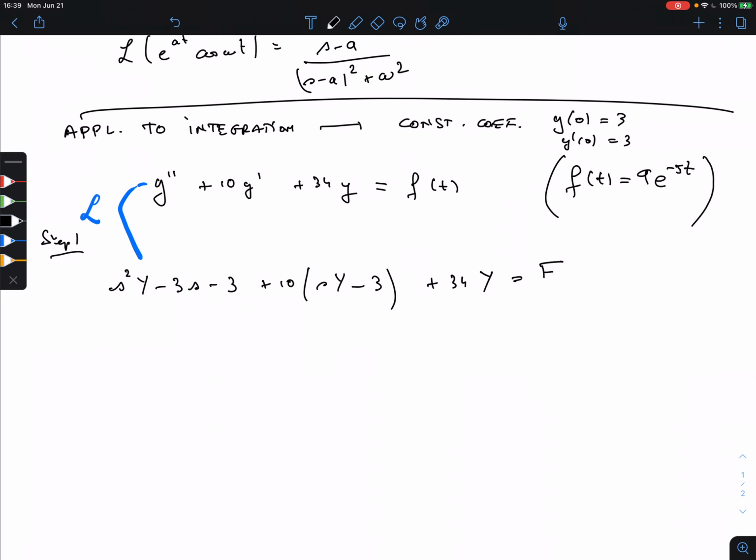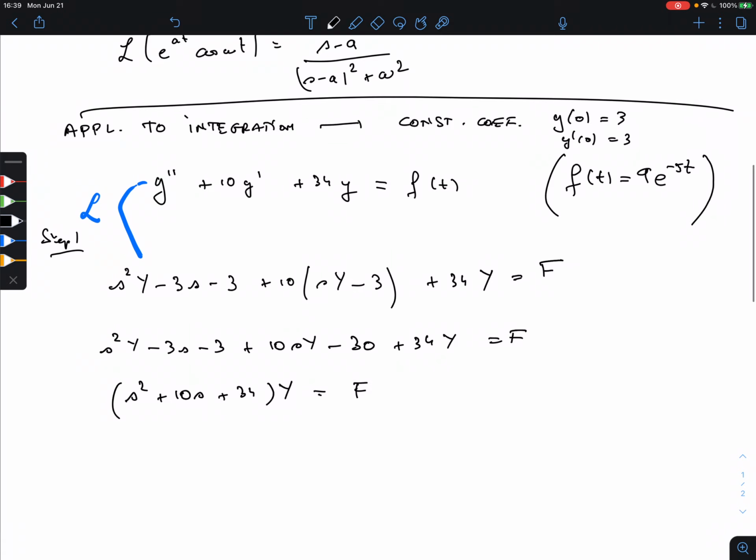Good. Then we solve for Y. So we have s squared Y minus 3s minus 3 plus 10sY minus 30 plus 34Y equals capital F. So we get s squared plus 10s plus 34 times Y equals F. Minus 3 minus 30 is minus 33, so minus 3s becomes 3s on the other side, and minus 33 becomes plus 33.